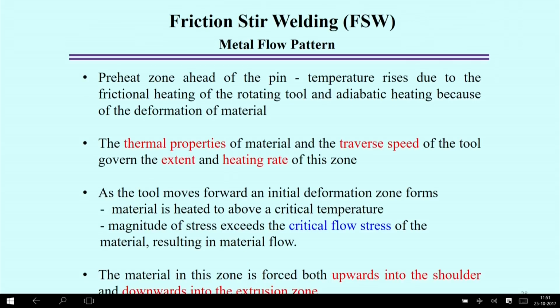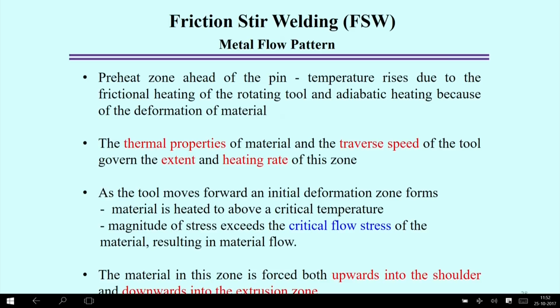That is called the adiabatic heating process. Both frictional heating and mechanical deformation are responsible for raising the temperature in the preheat zone and overall within the friction stir welding process.